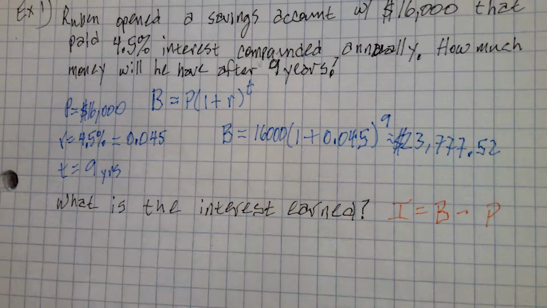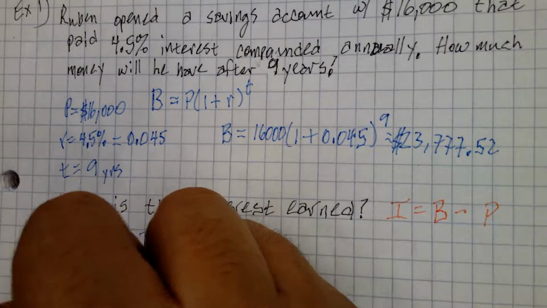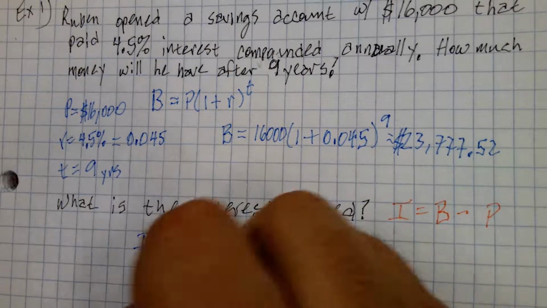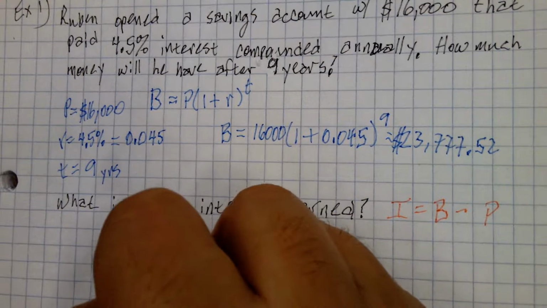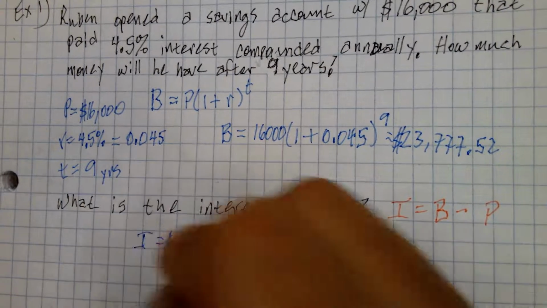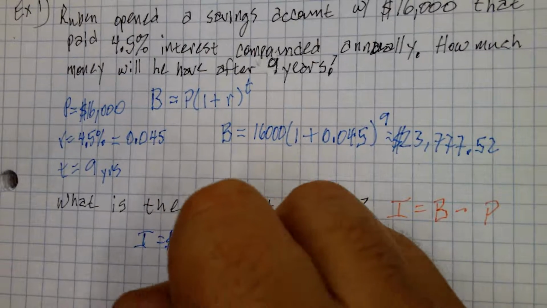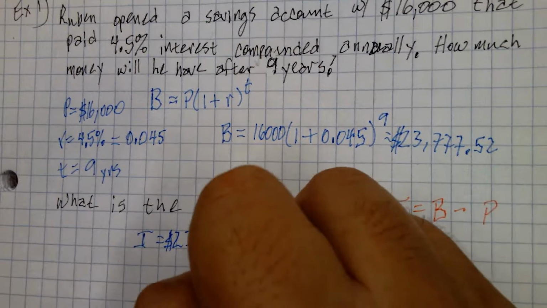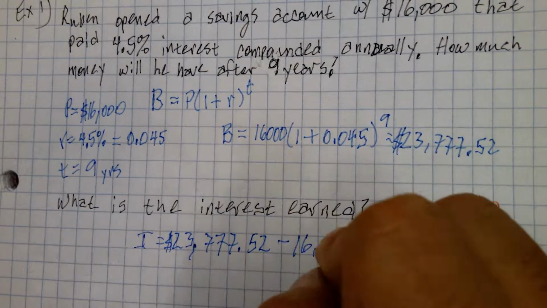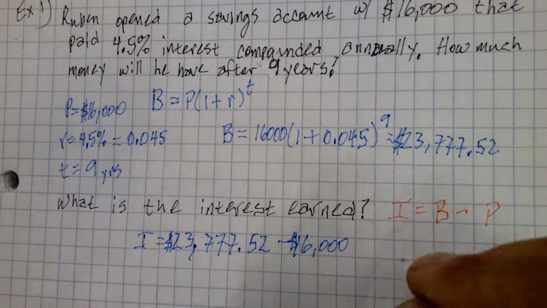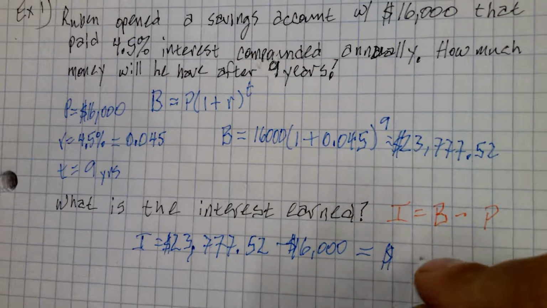So the interest is the balance at the end, $23,777.52, and subtract the 16,000. And Billy, what did you say? $7,777.52.